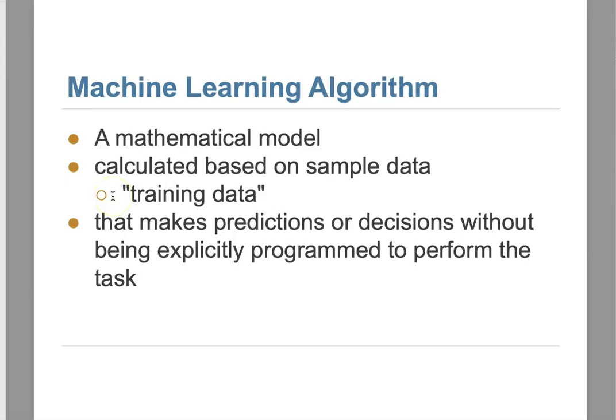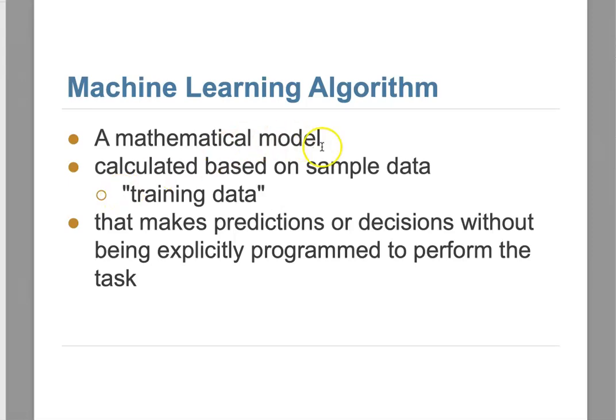Why do we call it training data? Because a lot of the time your sample data has a very big amount, and the model needs time to train on the data. Then it makes predictions or decisions without being explicitly programmed to perform the task.